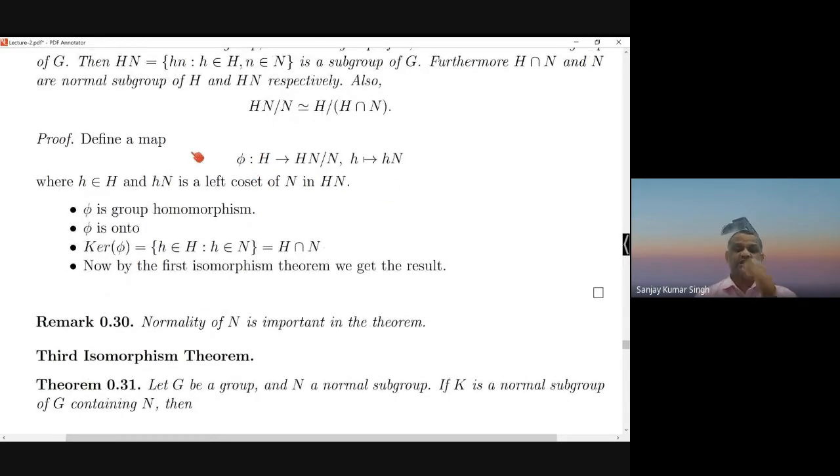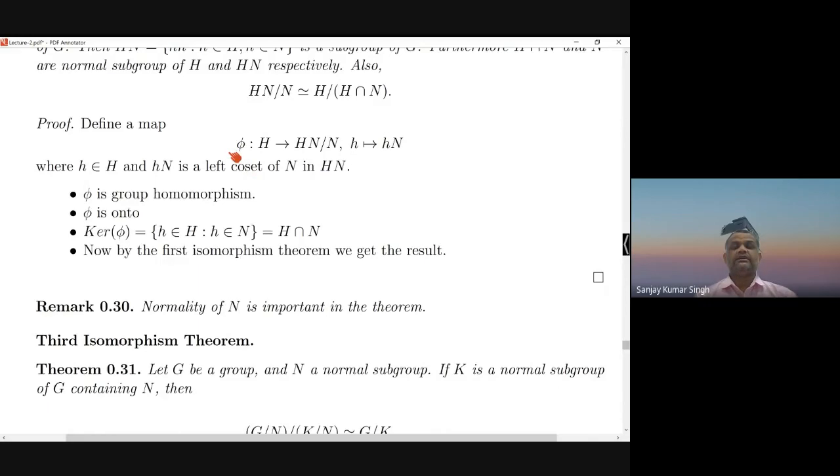We just use the first isomorphism theorem, and we can easily prove this theorem. And the key steps are like this. You define a map phi from H to HN by N. And what is the map? Send any element h to hN, the left coset of N with respect to the element h inside H.